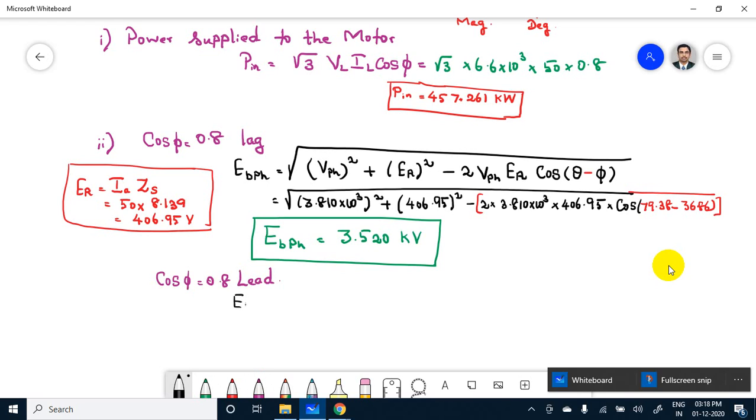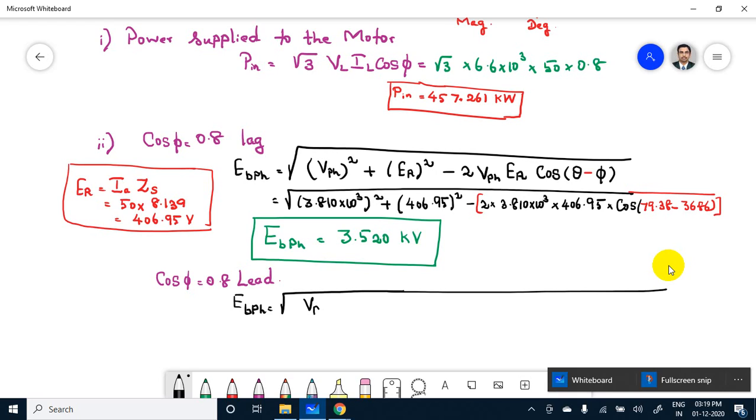Because you already know EB phase, in this existing formula, what necessary changes do I have to make? Since it will be leading, cos of theta minus phi will become cos of theta plus phi. Changes take place only in theta minus phi; you have to change it to theta plus phi.